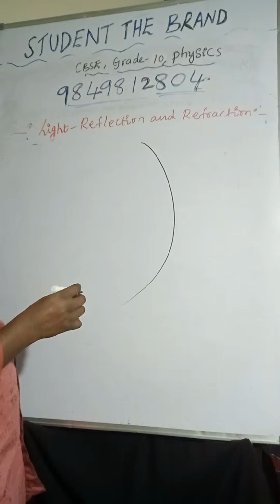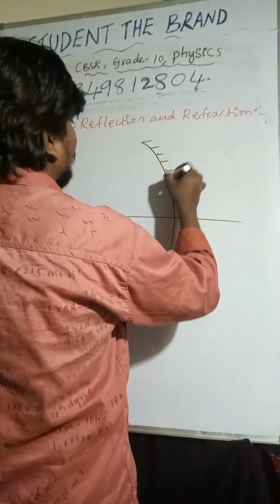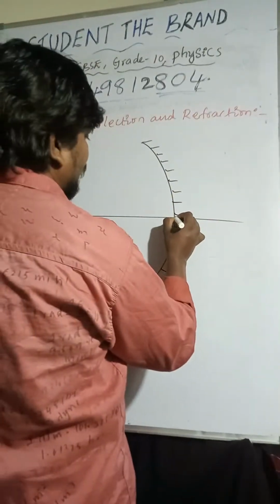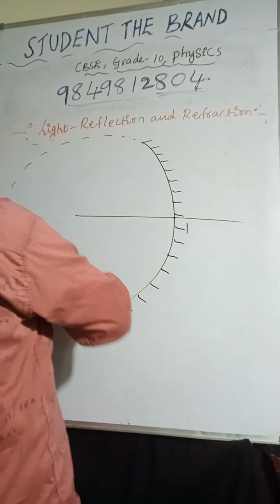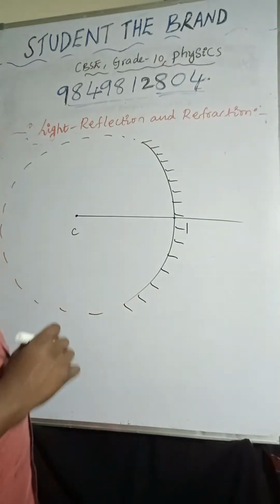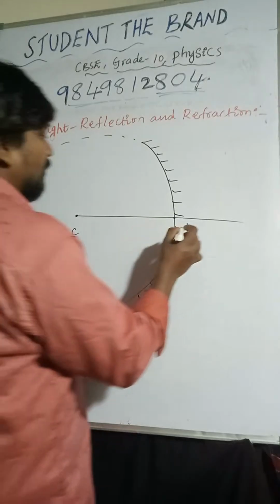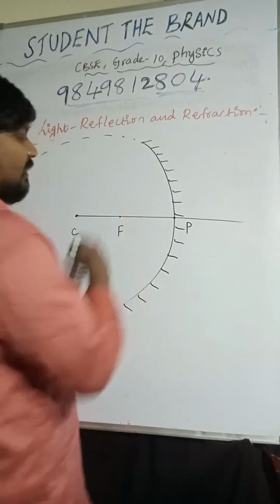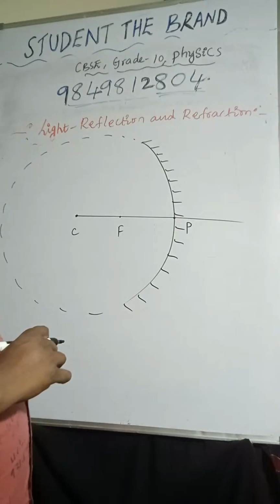This is the pole, the midpoint of the mirror. The center of the imaginary sphere of which the mirror is a part is called the center of curvature. After reflection, all light rays meet at one point on the principal axis. This is called the focus.